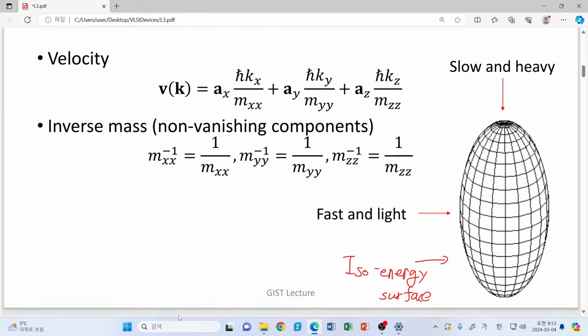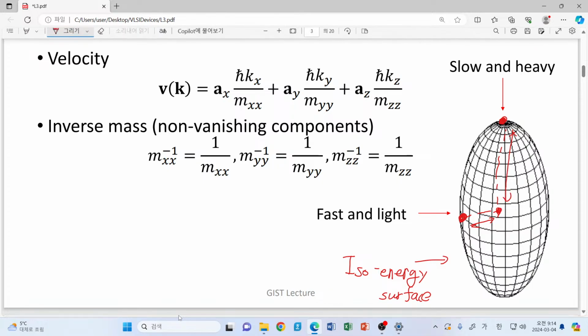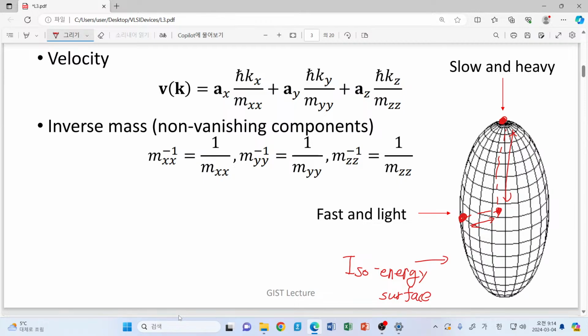For example, here you have a certain energy, and that energy value is the same for this one. Although our origin for the k value is located here, the distance along this direction and the distance along this direction are different, because this one has heavy mass and this one has relatively light mass.